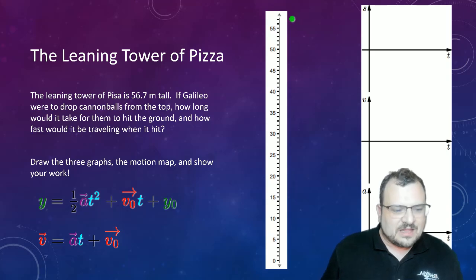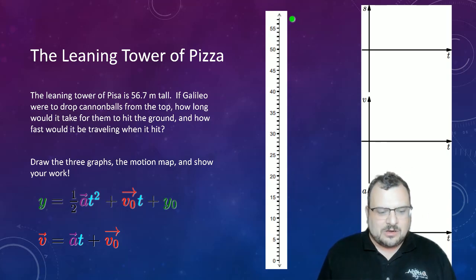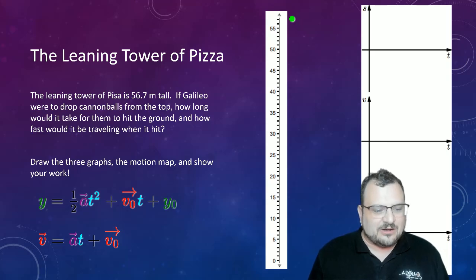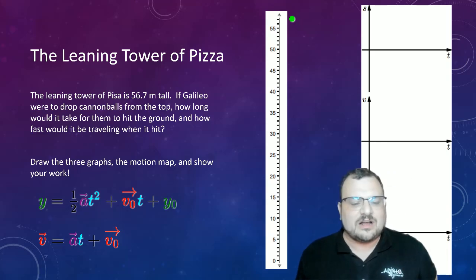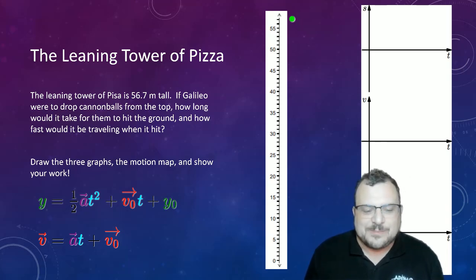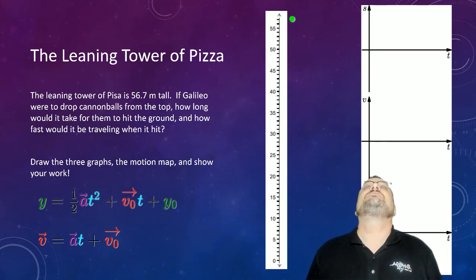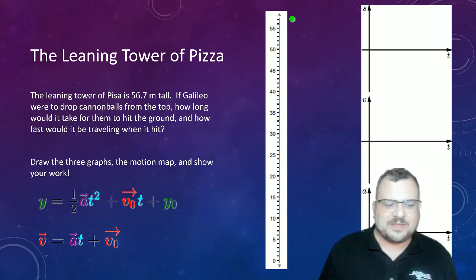At time equals 0, time squared is 0. Initial velocity is still 0, times time, that's still 0. So the only thing that matters is our initial position, which is 56.7 meters, so that's why there's a dot all the way up there.